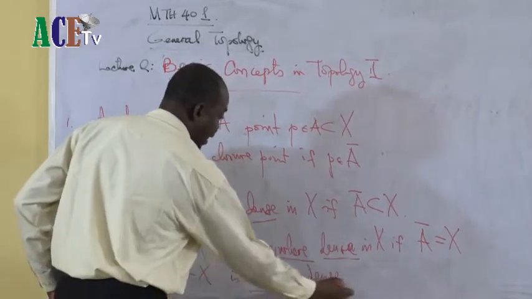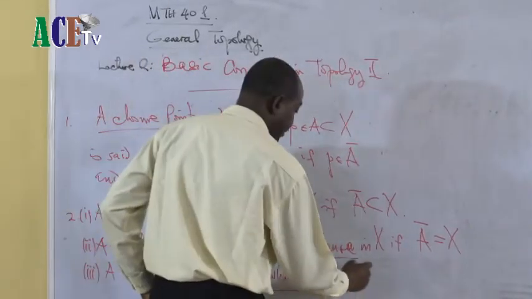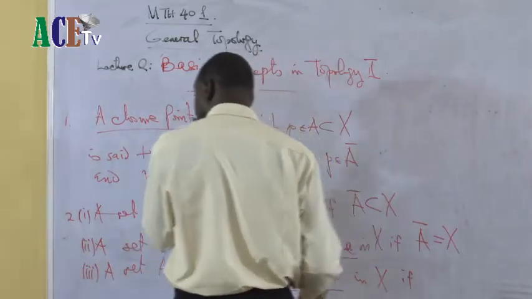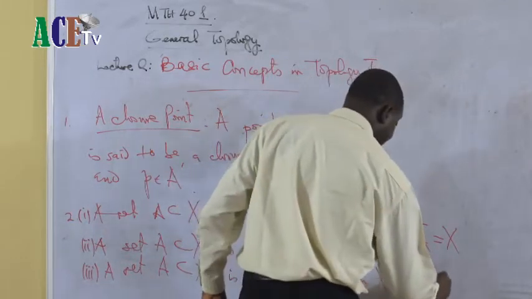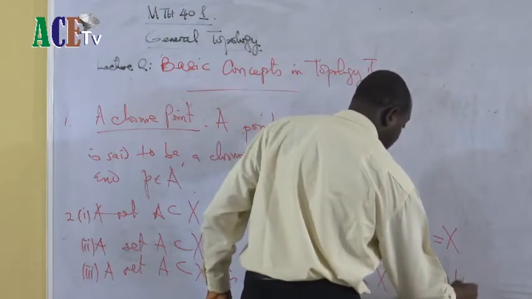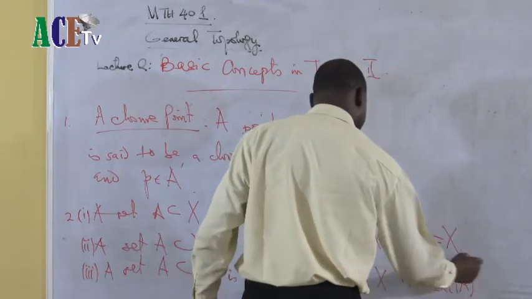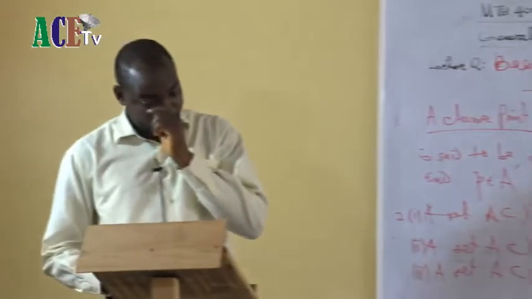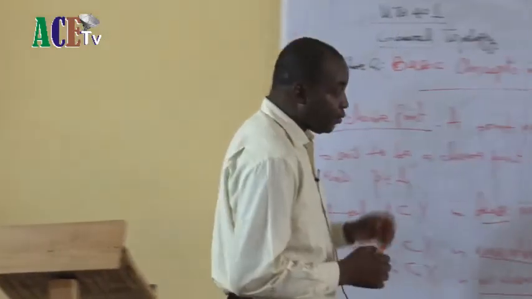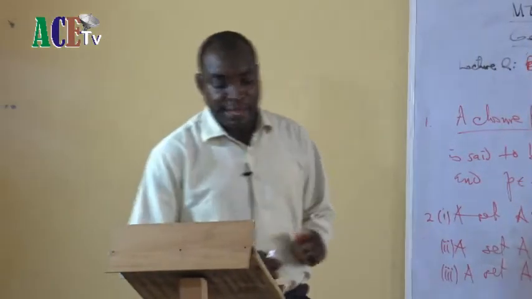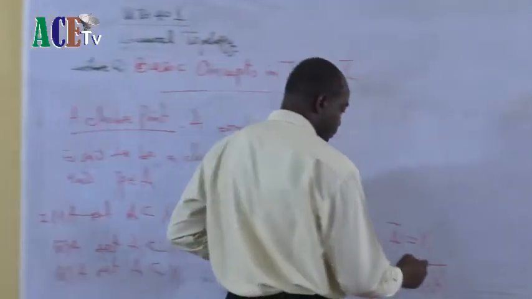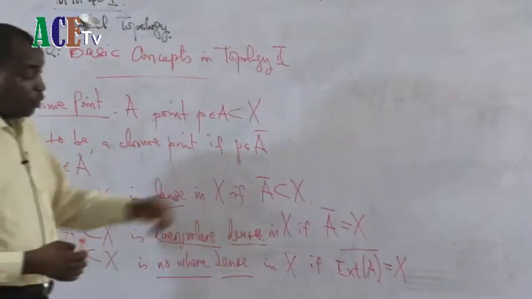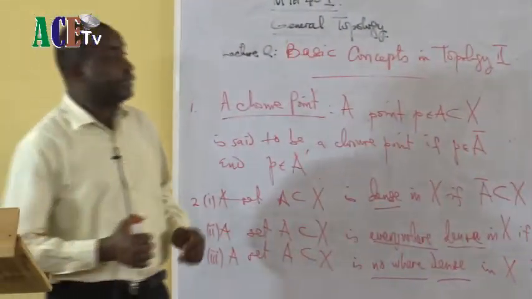This one is nowhere dense in X if the closure of the exterior of A is equal to X. Of course, we know what the exterior of A is.